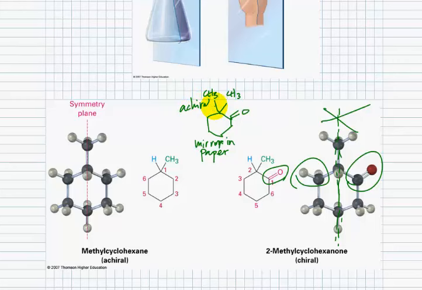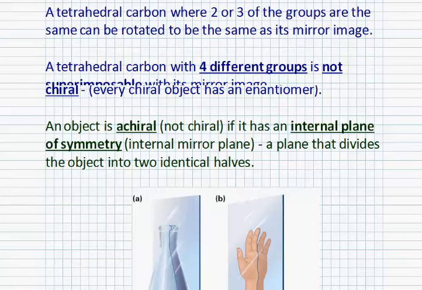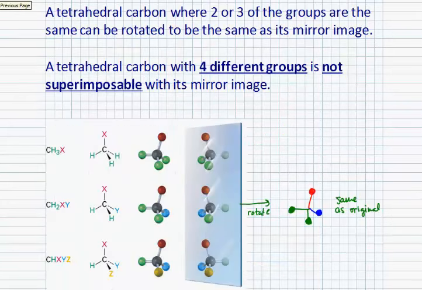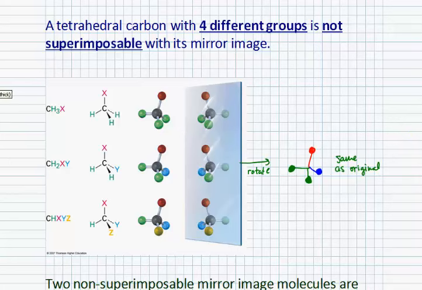So I think one of the easiest ways to identify a chiral molecule versus an achiral molecule is to find that internal mirror plane. If we look back at those tetrahedra that we dealt with, there are internal mirror planes in each of these. When there are two equal groups, the mirror plane will go right in between them. So the red one and the blue one would be in the mirror plane. The two green ones would be on either side of it.